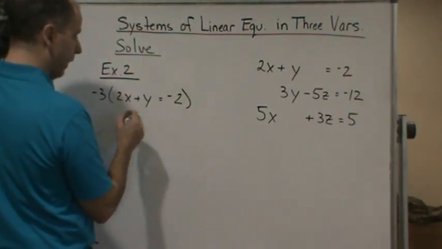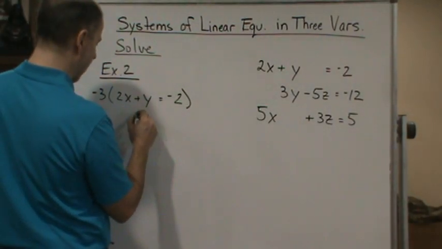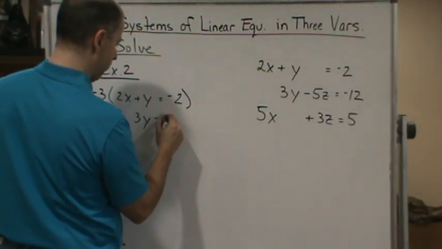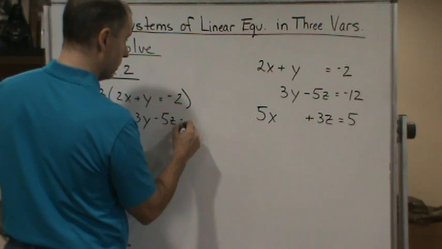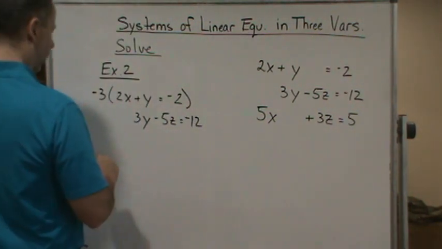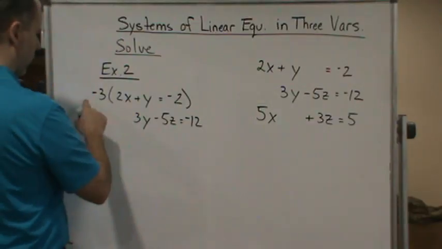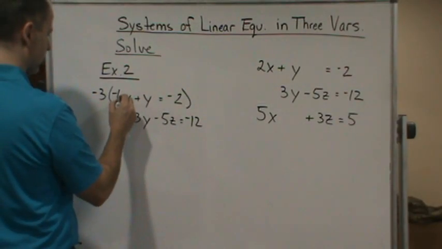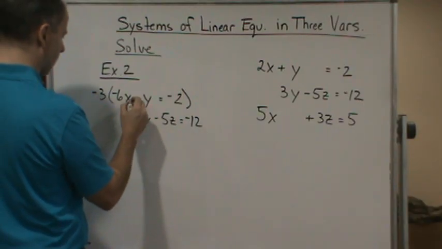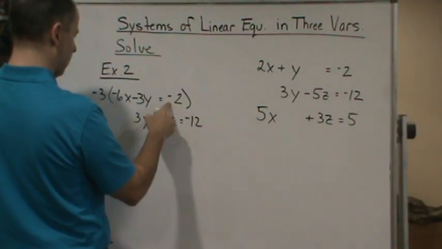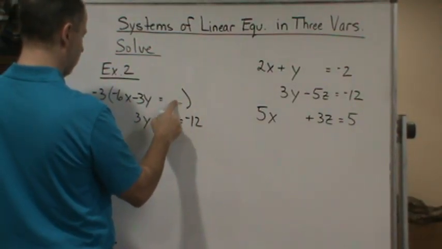And I'm going to add that to 3y minus 5z equal to -12, okay? So I multiply through by -3, this is going to become a -6, this is going to become a -3, and then of course this becomes a +6.